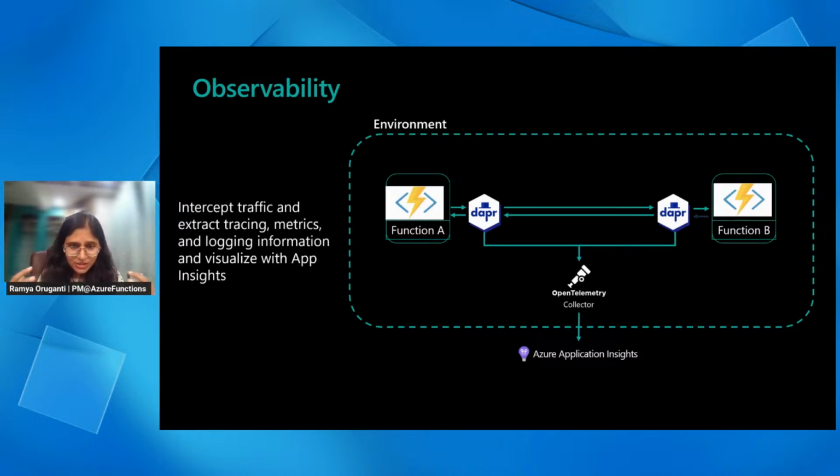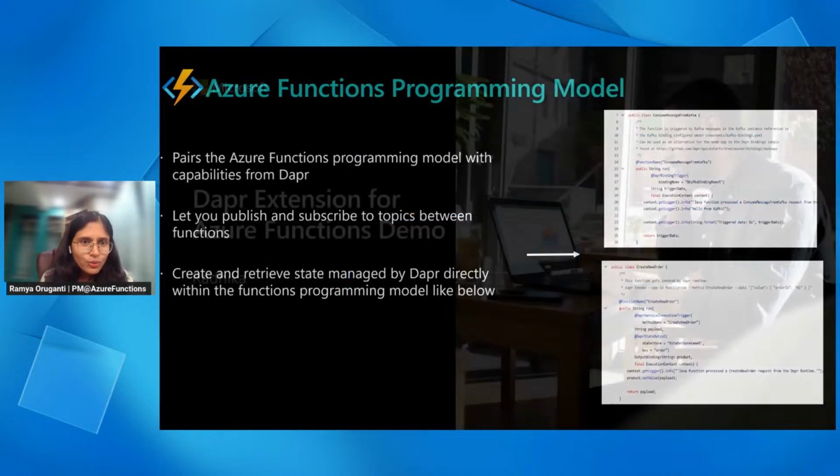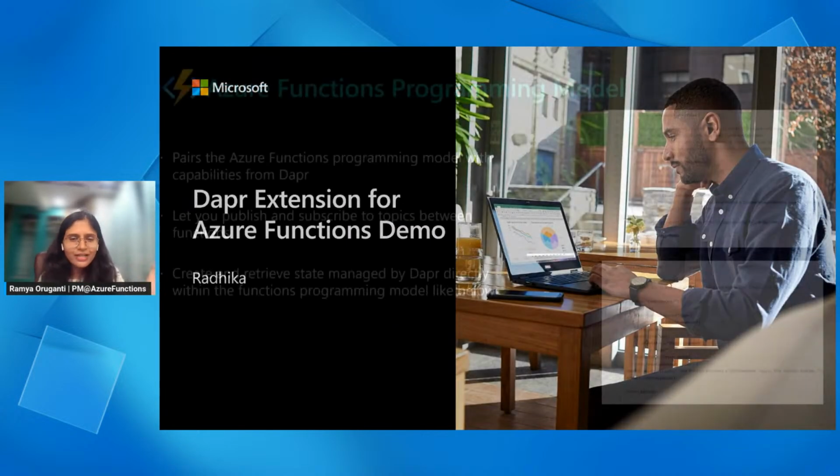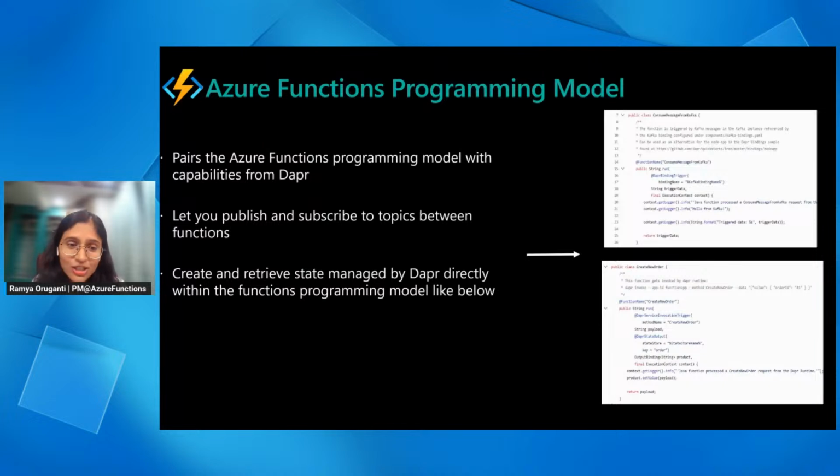All of this logging and tracing is pushed to the App Insights instance, and once your App Insights instance is created and hydrated with these traces, you can visualize them in the visualization tool that comes with App Insights.